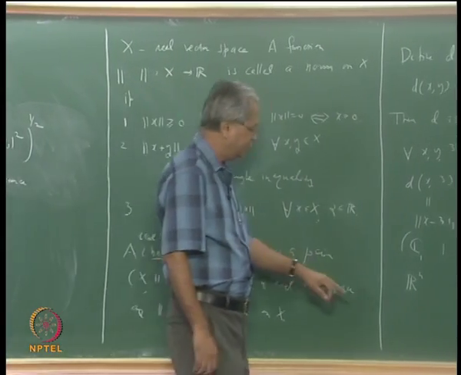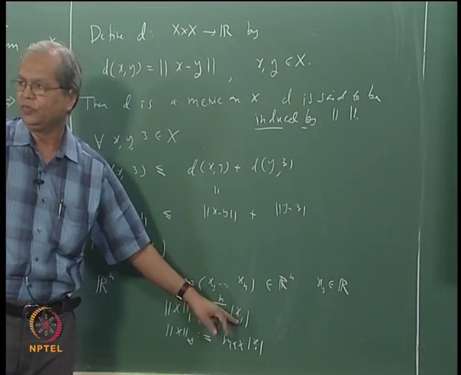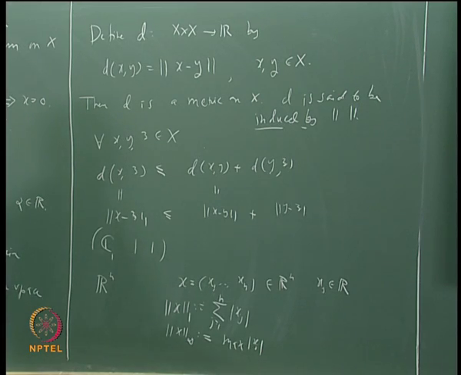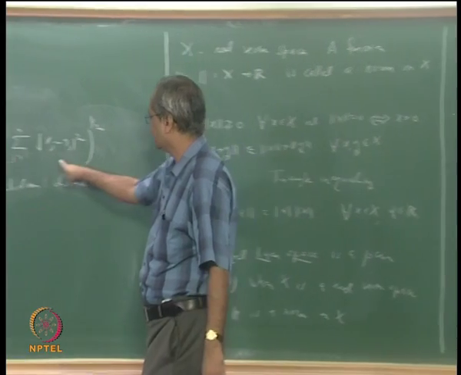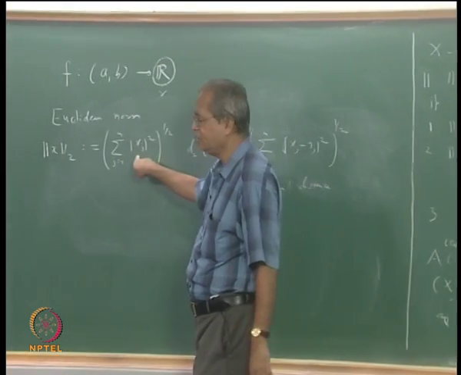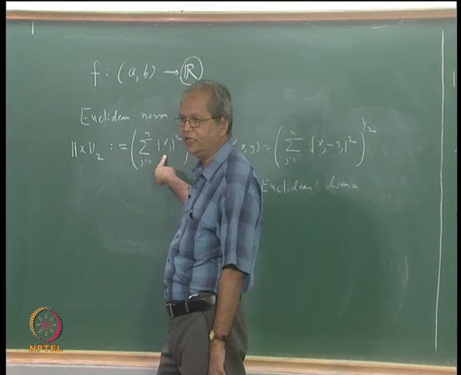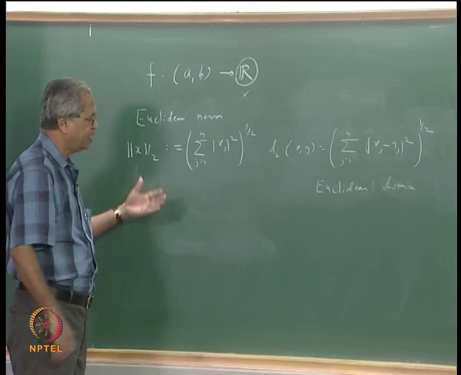That is also fairly easy in the case of these two, because this will be mod xj plus yj, and you can say that mod xj plus yj is less than or equal to mod xj plus mod yj, and then separate in the sum. But for something like this, to prove that the triangle inequality is satisfied, you have to go through some standard inequalities.